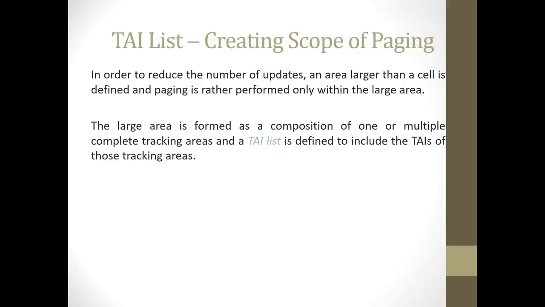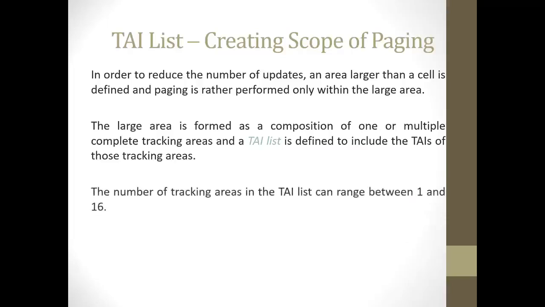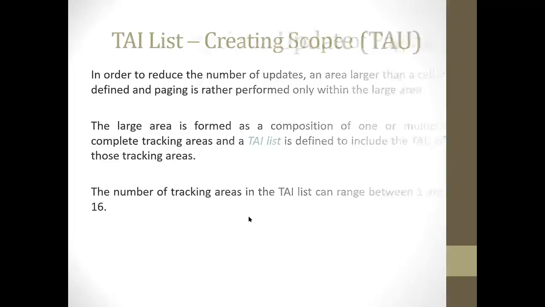You create a new group which is composed of a number of tracking areas, and the TAIs of all these cells are included in a list called TAI list. There can be 1 to 16 tracking areas in a list.